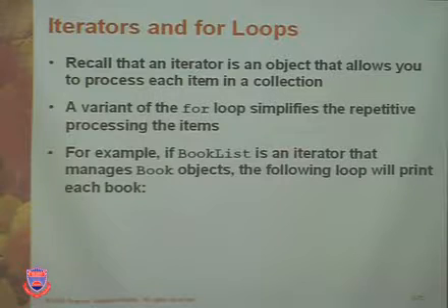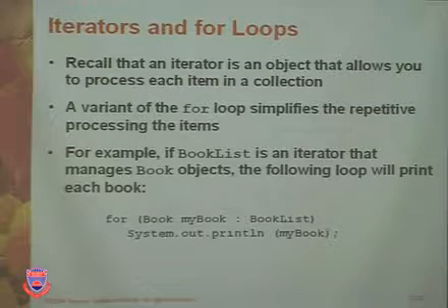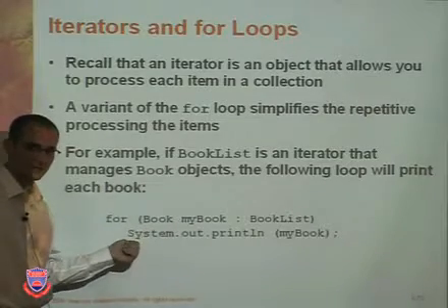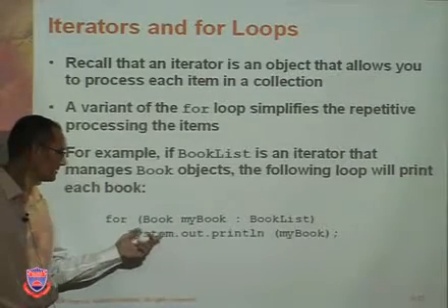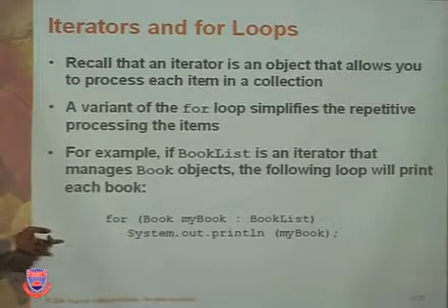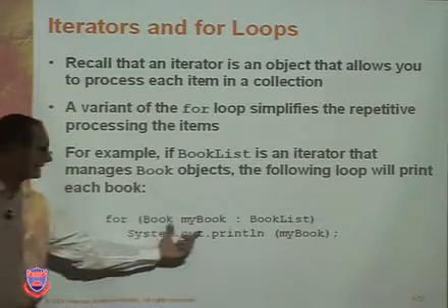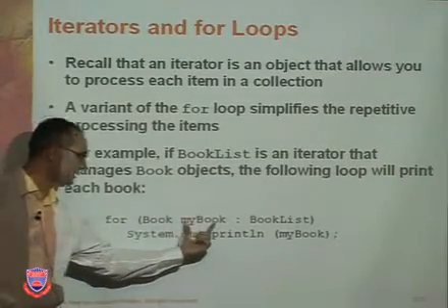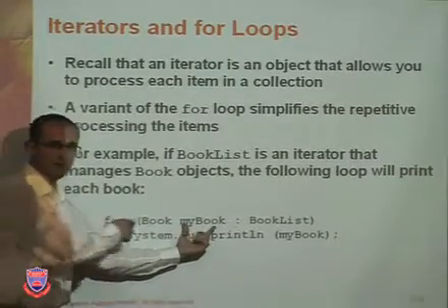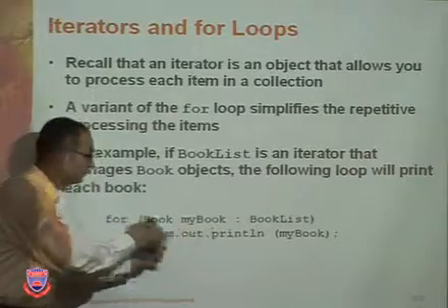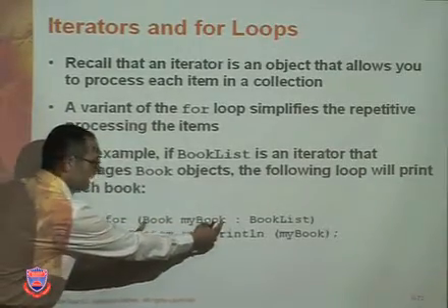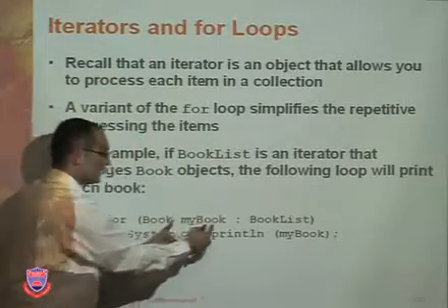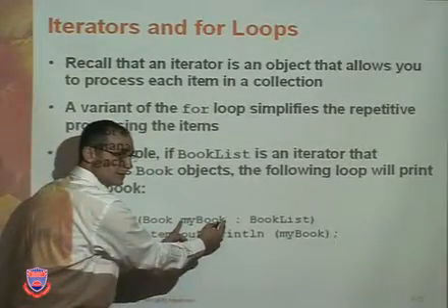So iterators for a loop, if you recall, in CS 101 we have used such iterators for a book object. What it does is, if you remember, if you have a book list iterator, you can use a type book object, my book, which is defined by you, to be used only within the for loop. So you define your my book, and then in the book list iterator, you will be selecting each item and indicating it by my book variable.